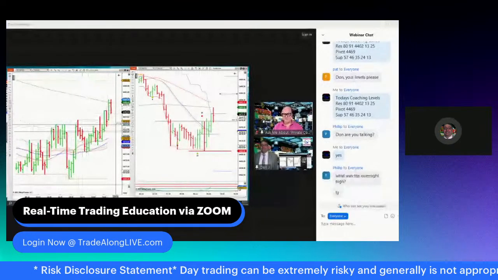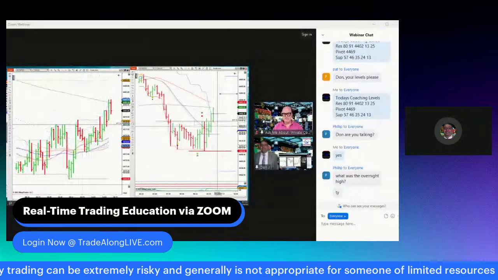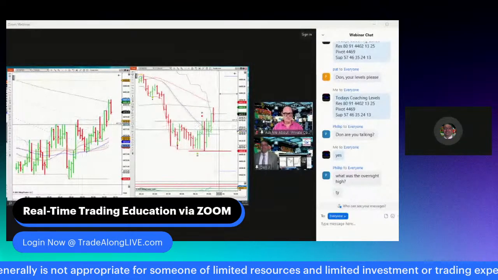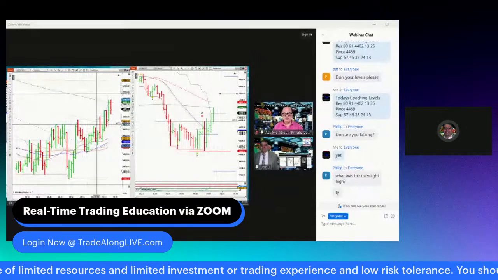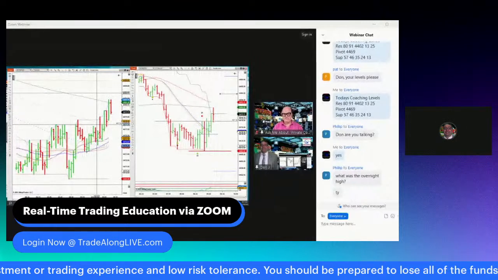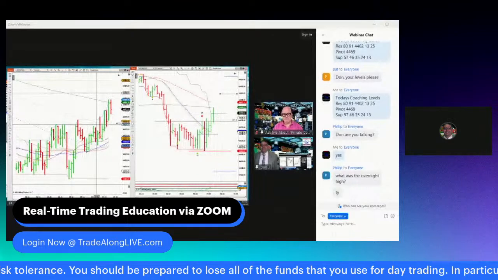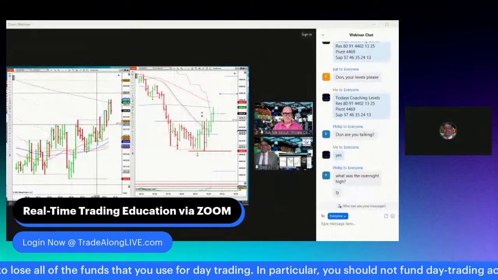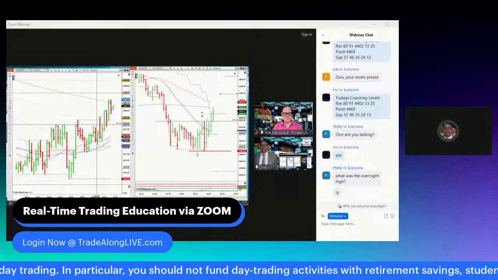And like I say, we're still looking for a 77 area down in this range here. 77 right now. So other than that, we're back to twiddling our thumbs again.